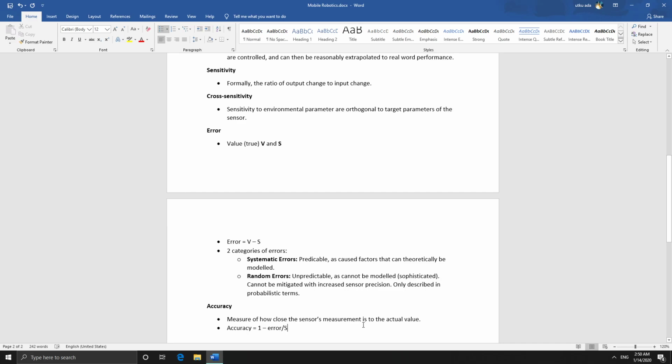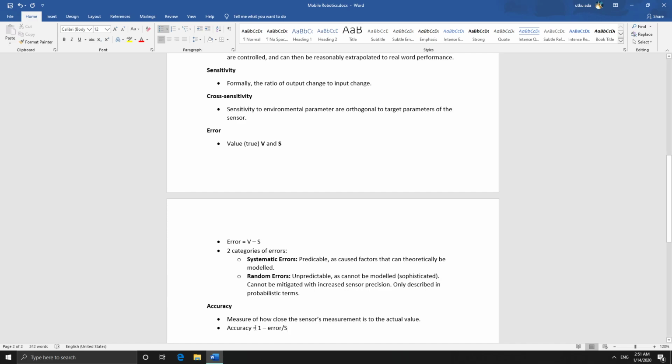So for instance, if we were to have an actual value of 1.1 and let's say a measured value of 1, then the error would be 0.1, and 0.1 over the value, which is 1, would be just 0.1.